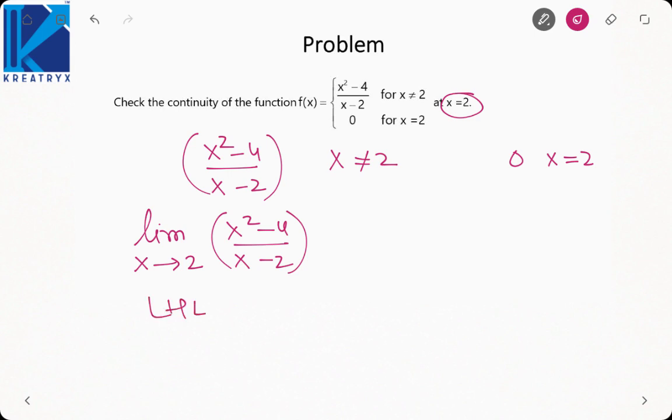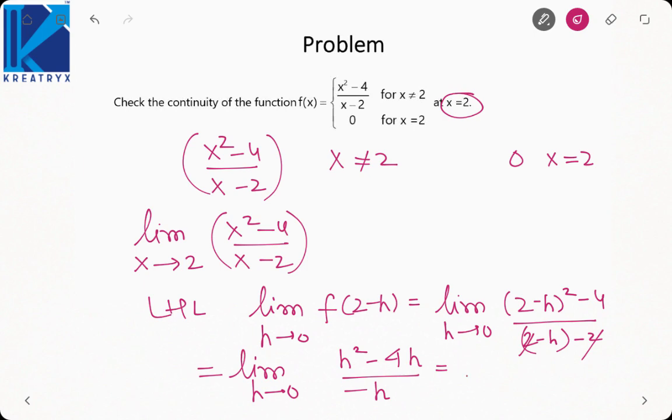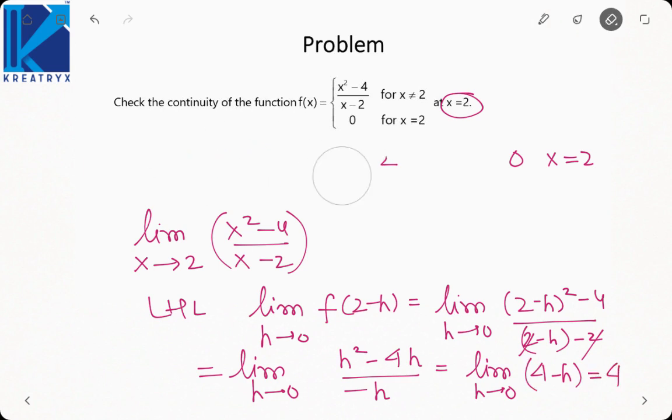For that, the left hand limit is limit as h tends to 0 of f(2 minus h), that is limit of ((2 minus h) square minus 4) over (2 minus h minus 2), that is (4 plus h square minus 4h minus 4) over minus h, that is (h square minus 4h) over minus h. If you divide by minus h, it will be limit as h tends to 0 of (4 minus h), which will be 4. So the left hand limit comes out to be 4.